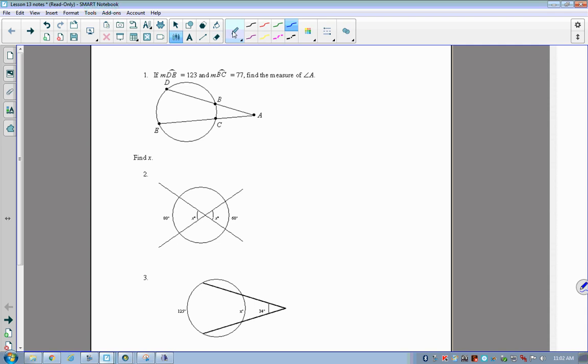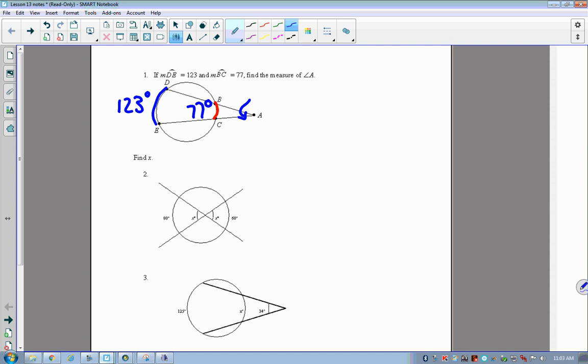Let's put our information on here. Arc DE is 123 degrees. Arc BC is 77 degrees. Okay, we want to know what that guy right there is. This is what you need to know. I've got this arc and that arc.